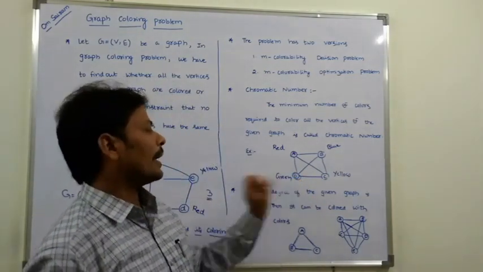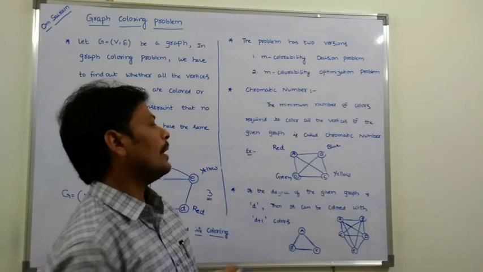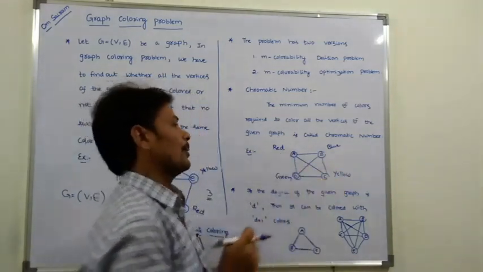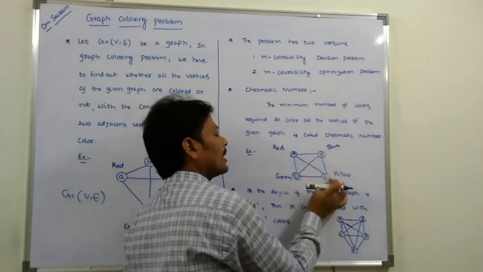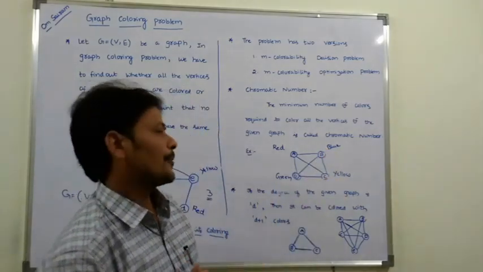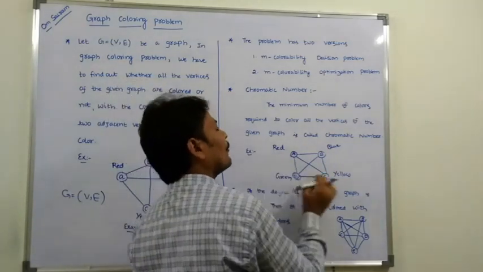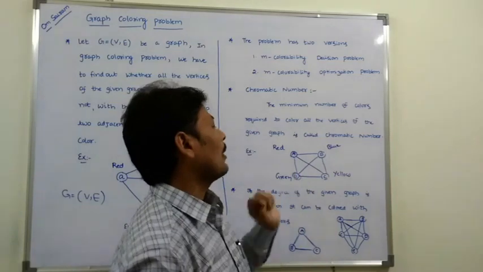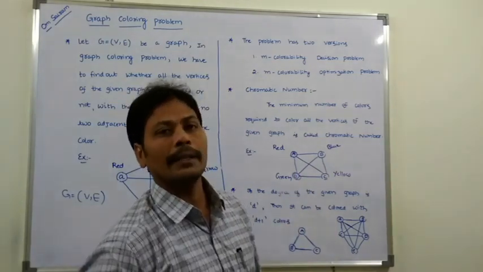The same green color cannot be used for vertex A, vertex B, vertex C because they are adjacent to vertex D. So we use 4 colors. 4 colors are required to color all the vertices of the given graph.